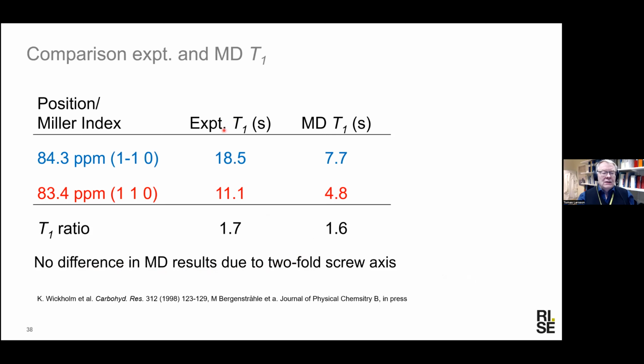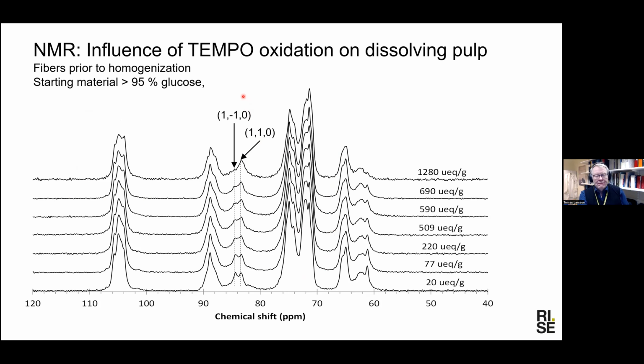But when you compared different pairs of surfaces belonging to polymers on top of different Miller indexed planes, the experimental values were 18, 5, 11, and the simulated were 7 and 4.8. That's off by a significant factor, but the ratio of relaxation times was reproduced very well by the MD simulation.